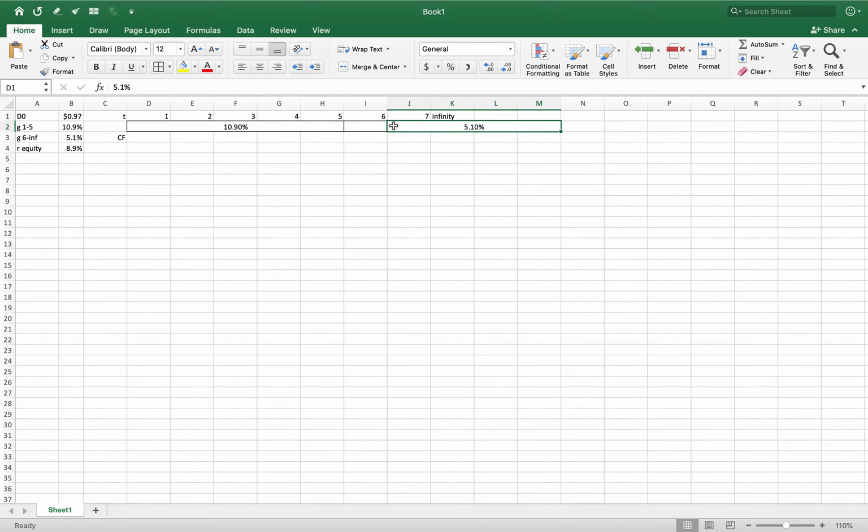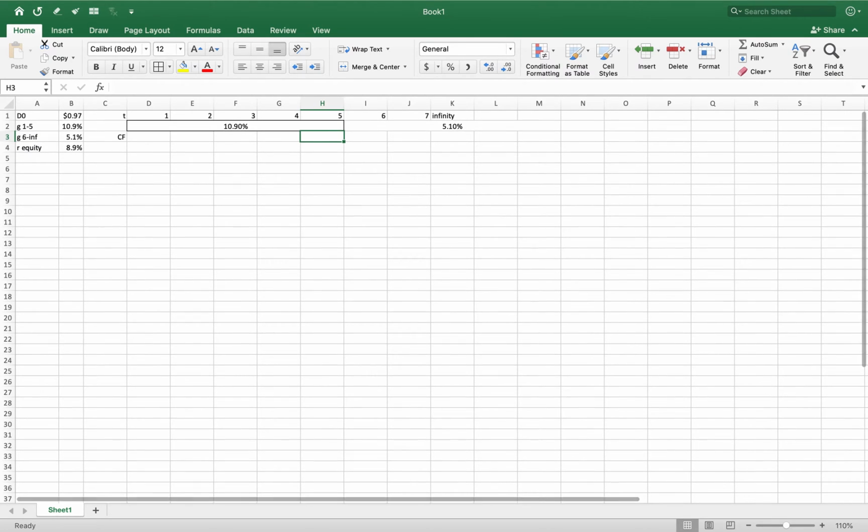So I'm only able to calculate that price at time 5 using the stable dividend at time 6. In between then and now, I have to calculate dividends year over year and then discount them to the present. So how do I calculate that share price?